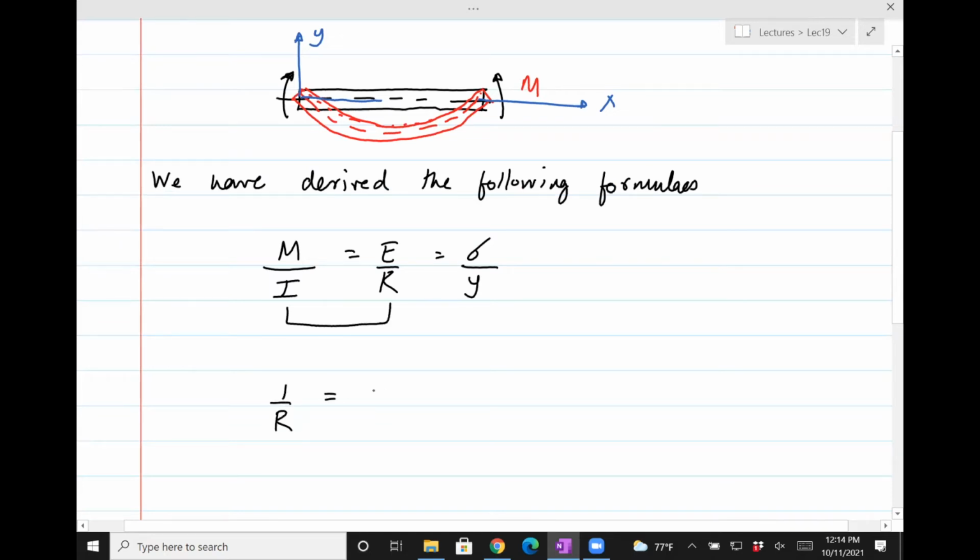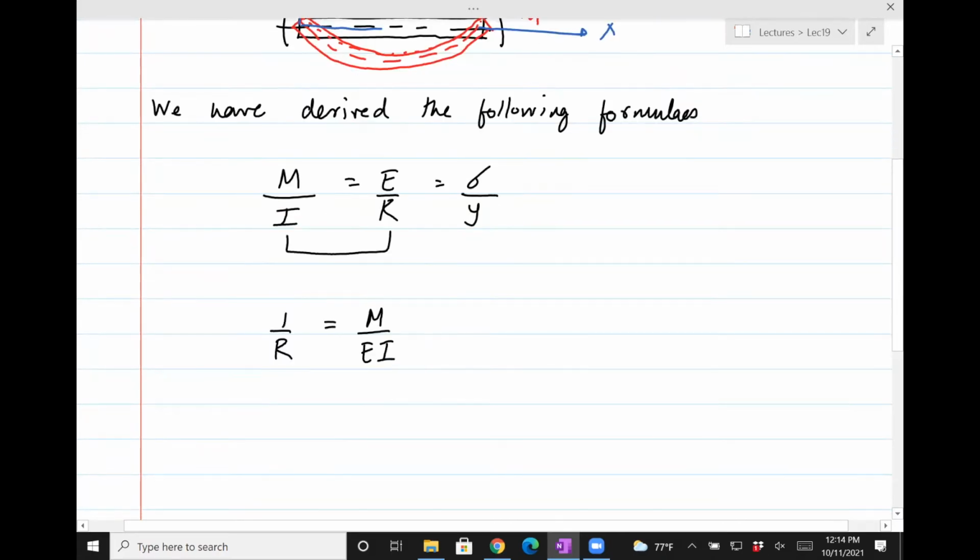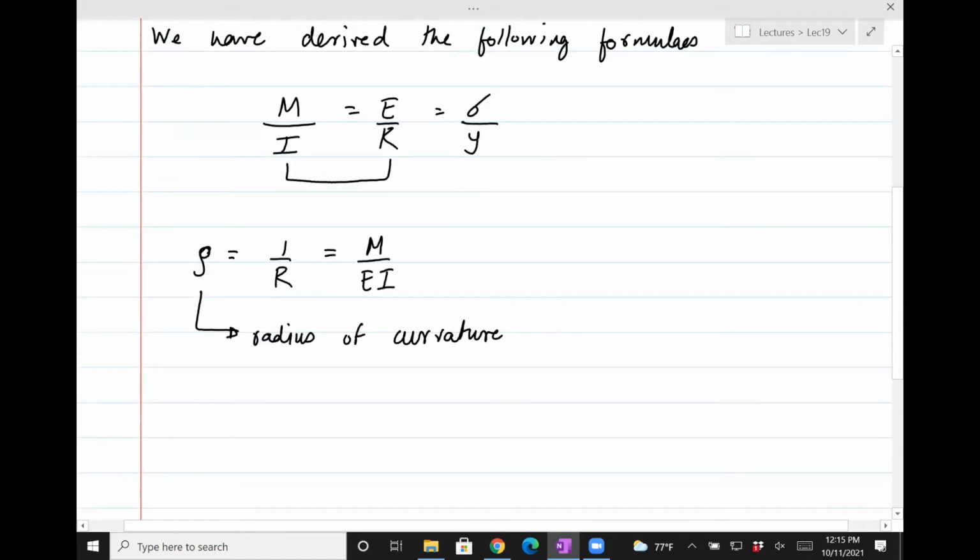1 divided by R is equal to M divided by EI, just rearranging things. Now, 1 divided by R is actually called the curvature, the reciprocal of the radius of curvature.